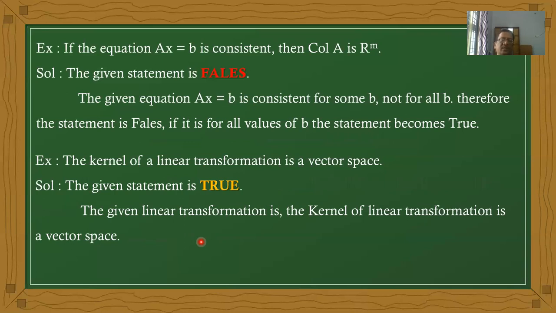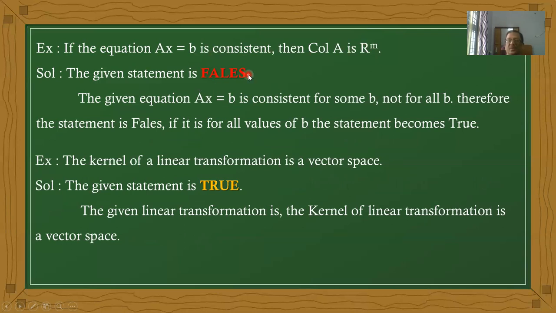Okay, next, the third problem. If the equation Ax equal to b is consistent, then column A is in Rm. What is the statement? As per the given equation, the statement is false.